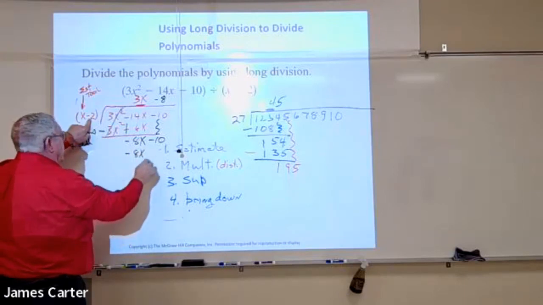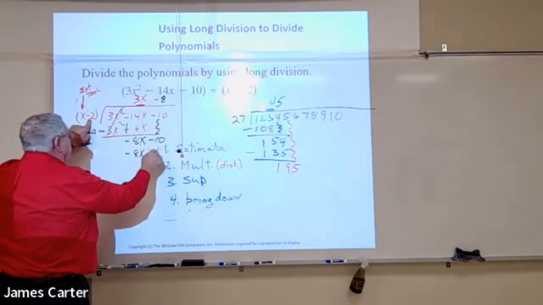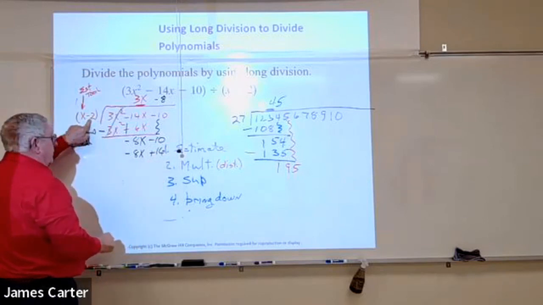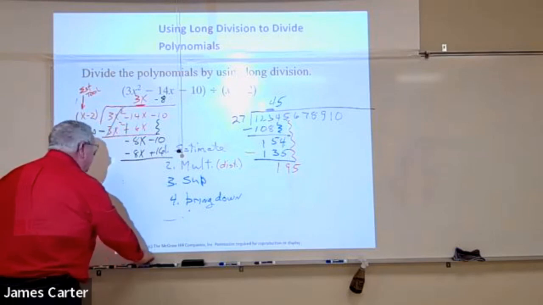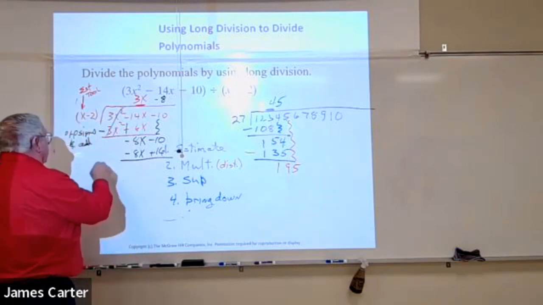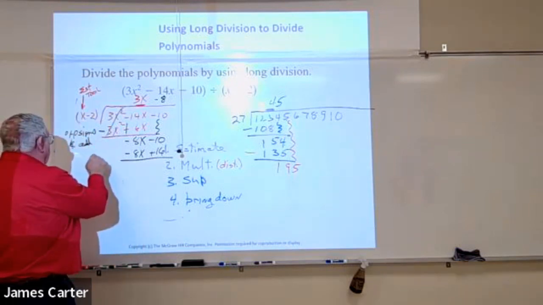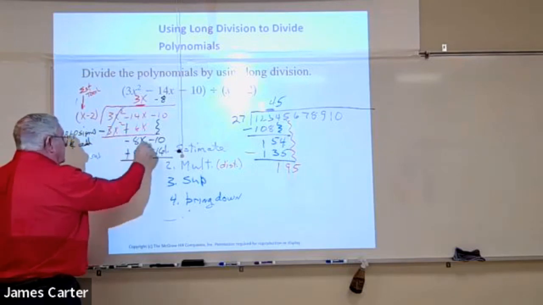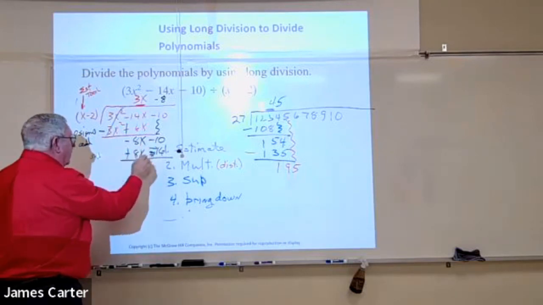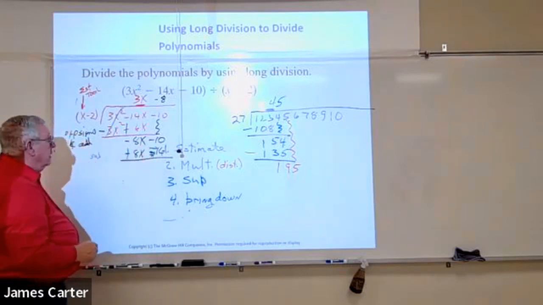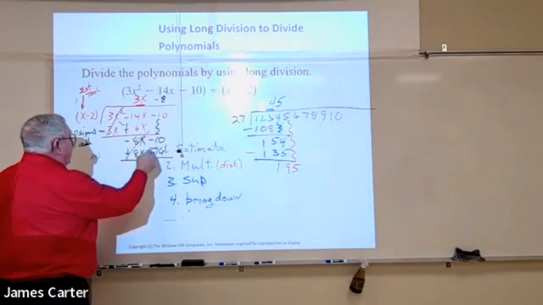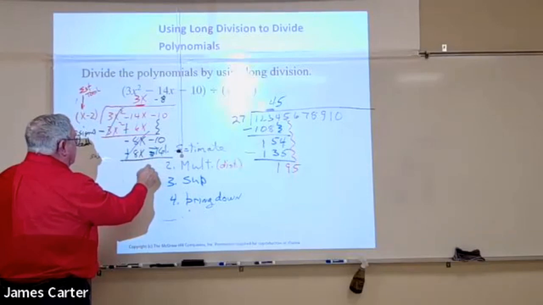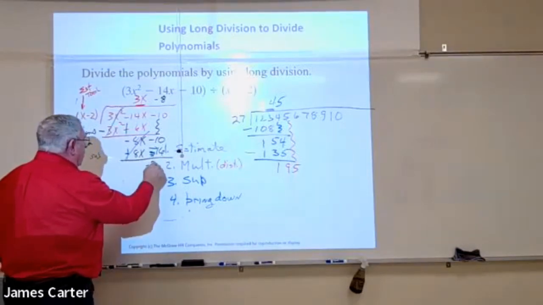Negative 8 times negative 2 is positive 16. Now, for my subtract step, I change both signs and I add. These two will cancel as usual. Negative 10 and negative 16 makes negative 26.